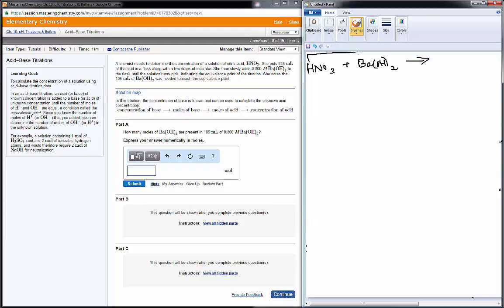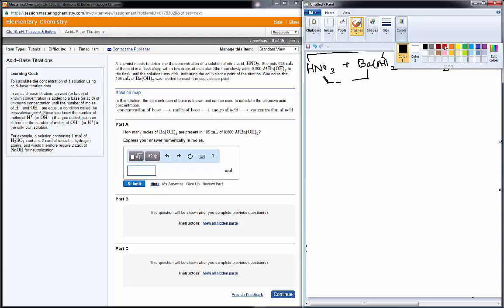This is a double displacement, so the outer ions go together: H plus OH goes to form water. We did this way back in classifying reactions, chapter 5. Barium goes with the nitrate, and I get Ba(NO3)2, and it's very important, because the charge on nitrate is -1 and the charge on the barium is +2.